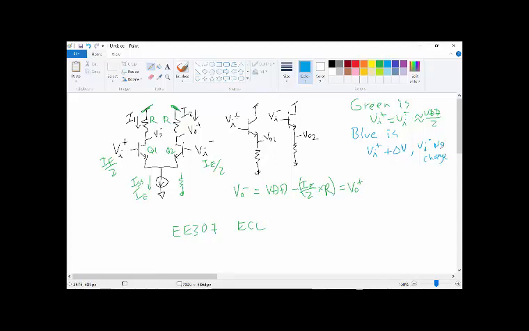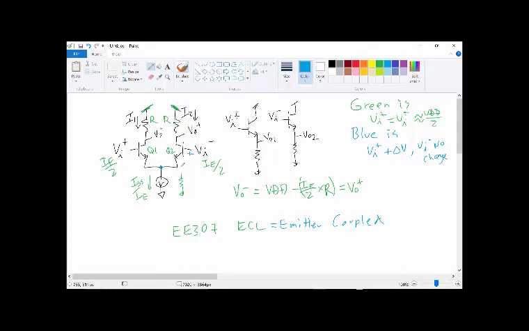So now we've raised VI plus by delta V. Notice that the emitters for Q2 and Q1 are shared. That's actually where the name comes from. ECL is emitter coupled. In other words, the emitters are tied together.